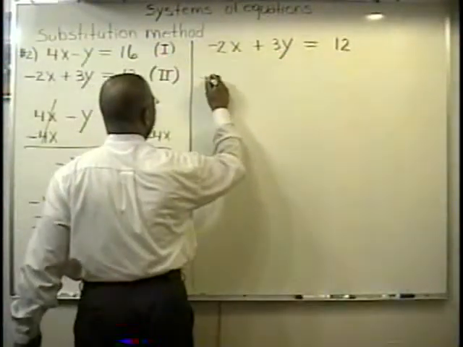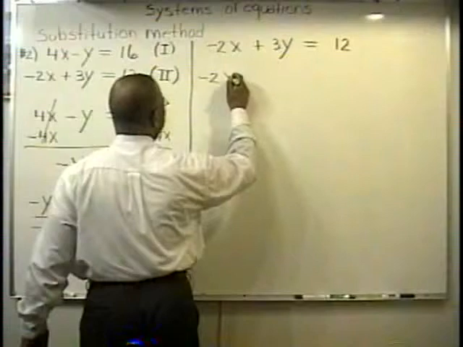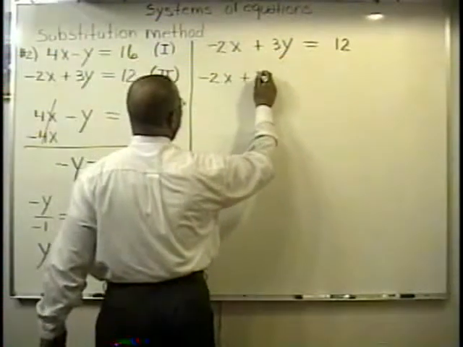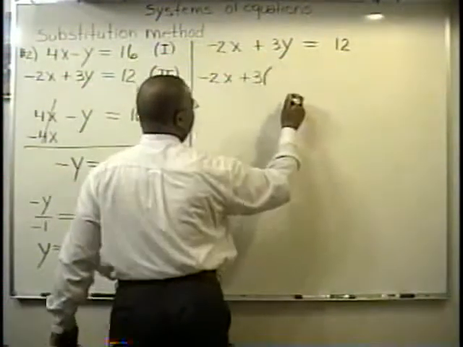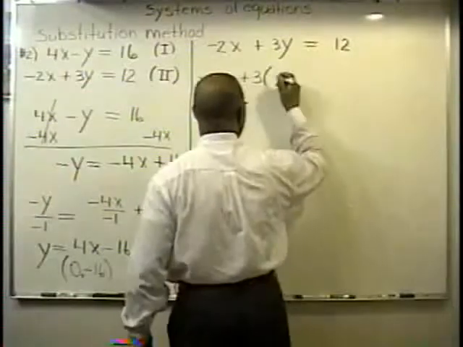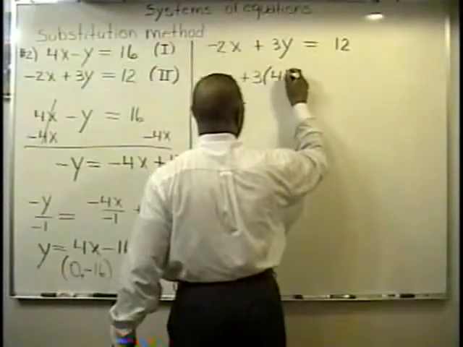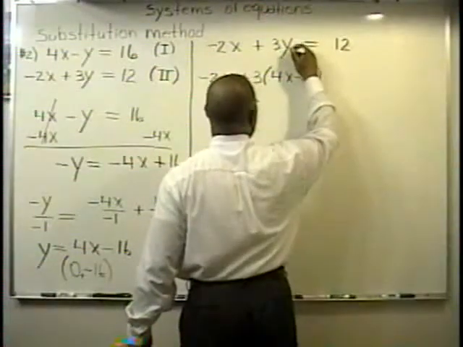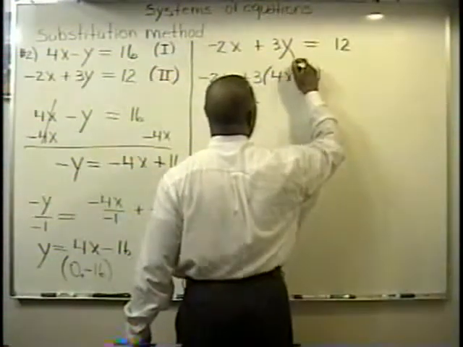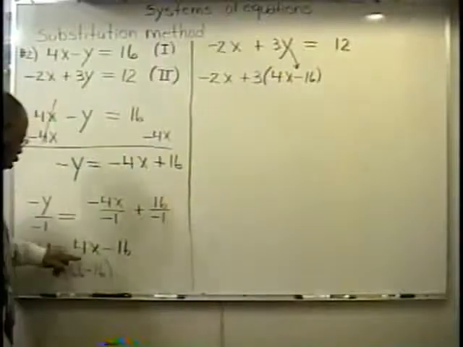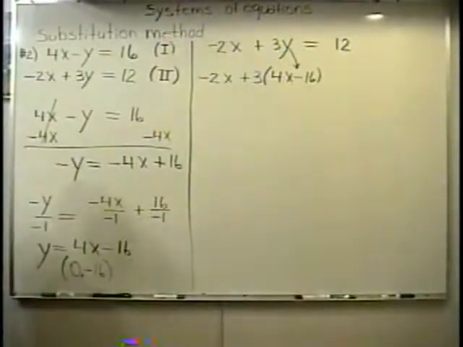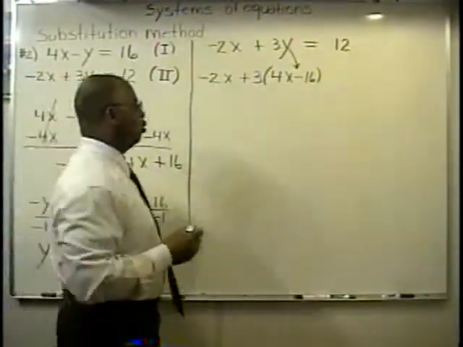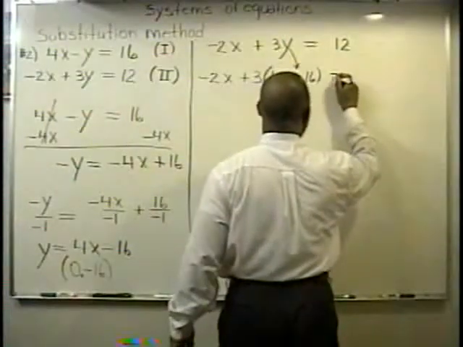So now I have -2x plus 3, and in place of y, I put the expression for y, and that's 4x minus 16. So now I did my substitution. We said that y is equal to 4x minus 16, and the equation is equal to 12.